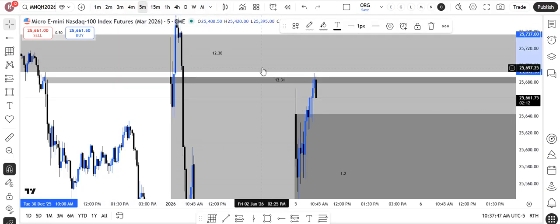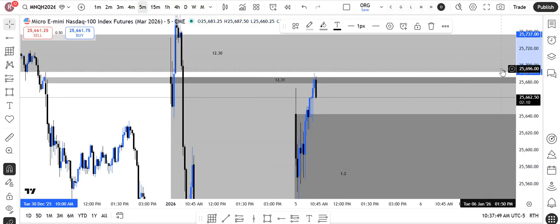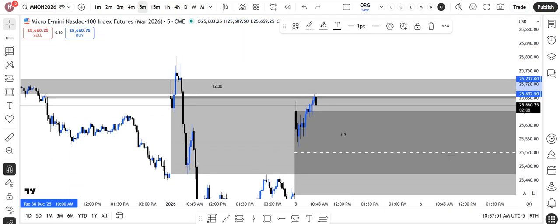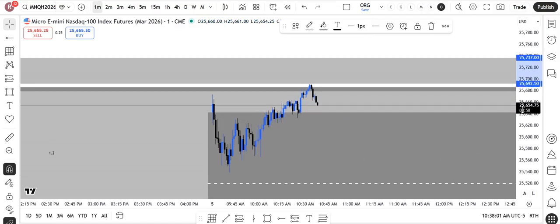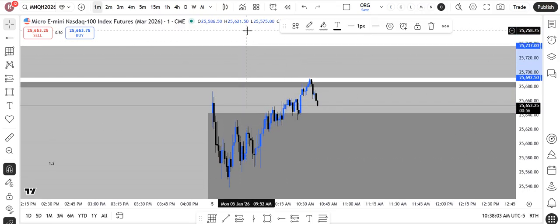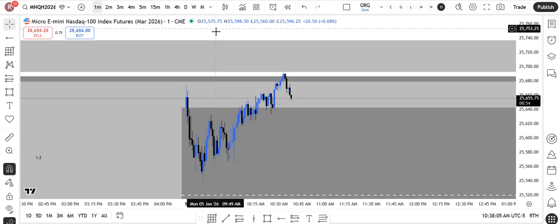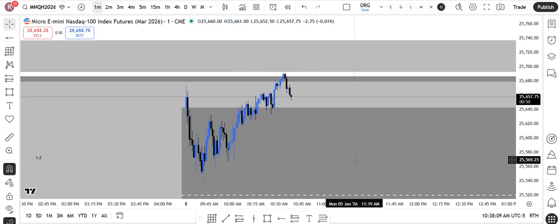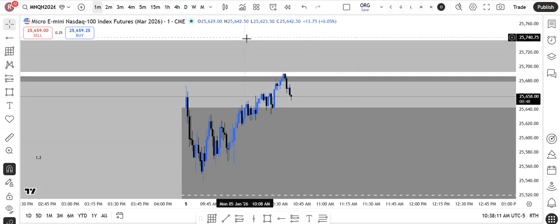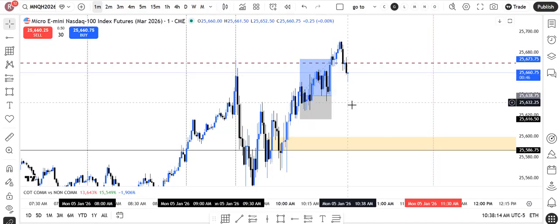Because on the 5-minute, that would let me know that this thing would still want to gravitate towards the middle. Okay. Anyways, yeah, I'm not gonna do anything.